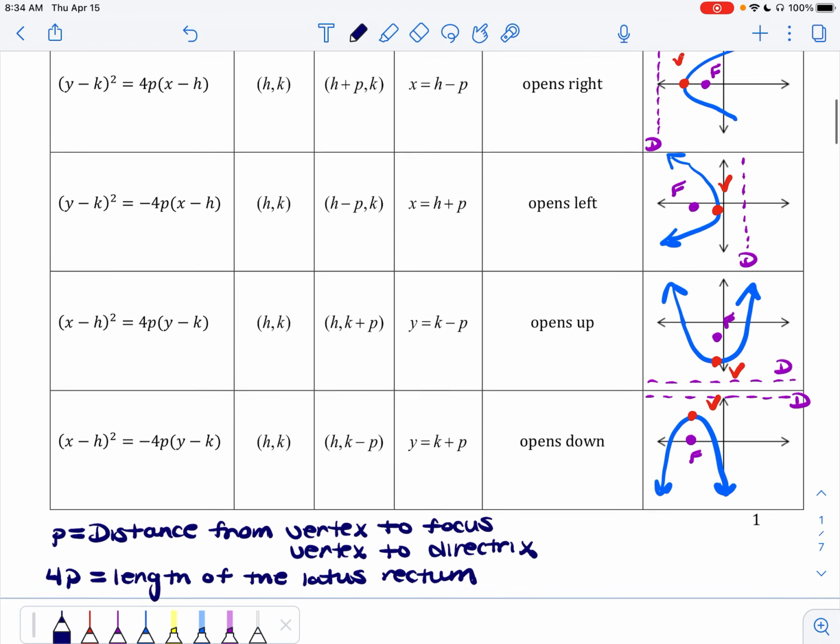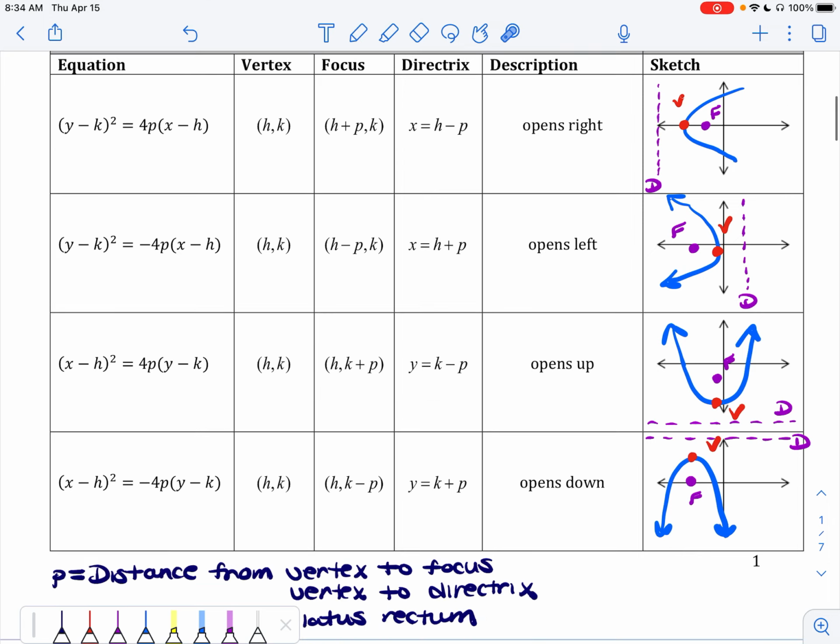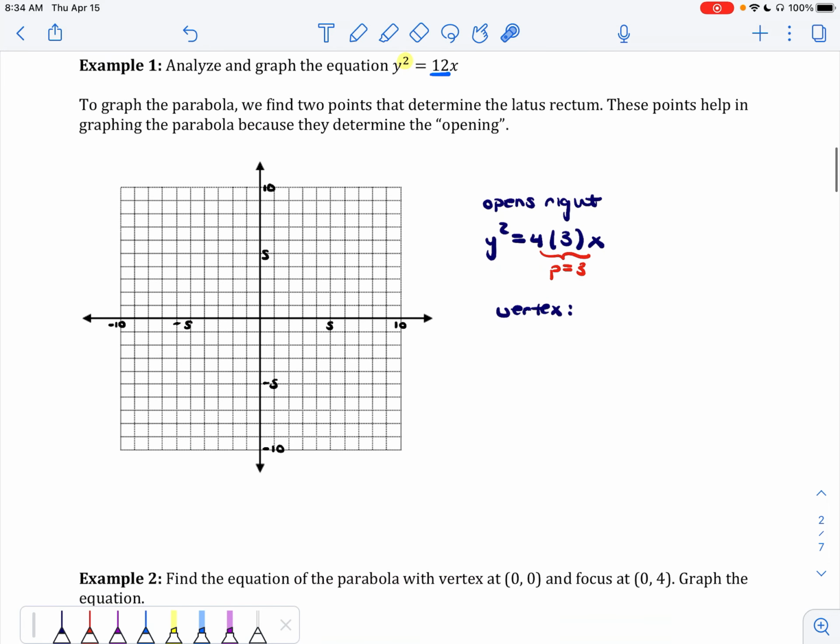Next thing we want to figure out is the location of the vertex. If you think back up to our equations, the vertex is always going to be at h, k. In this case, because it's just a plain y and a plain x, there is no h and k. That means the vertex is just at the origin at 0, 0. We have our vertex right here at the origin.